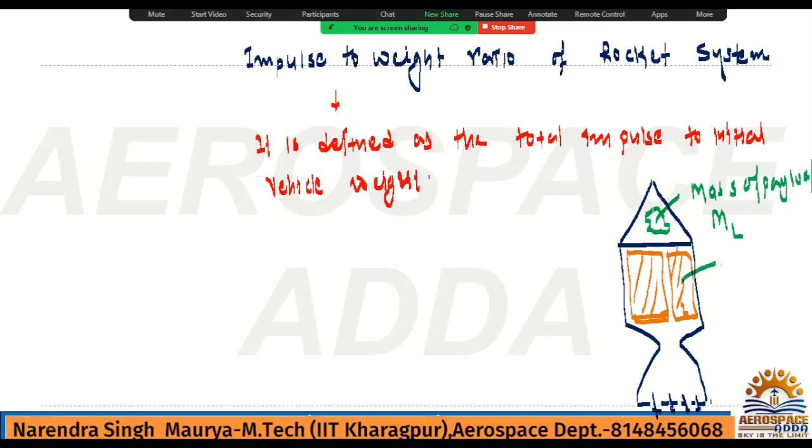This is the mass of propellant, denoted by MP.